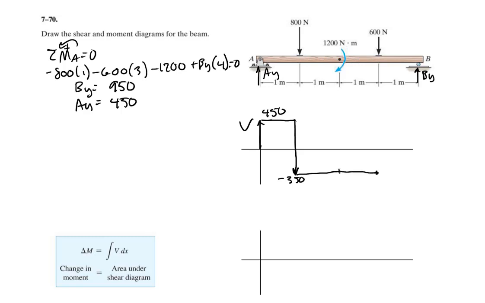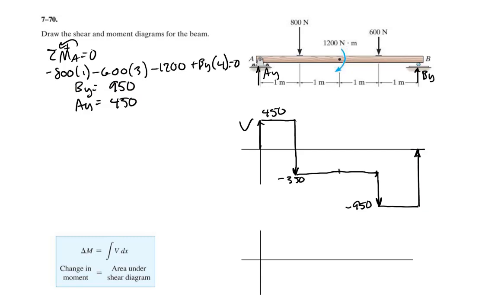From here, I take a step down another 600. So negative 350 minus 600 goes all the way down to minus 950. It goes from here, and then it goes up 950. You can know that this is the reaction, so it has to go up 950, and it gets back to 0 at the end.